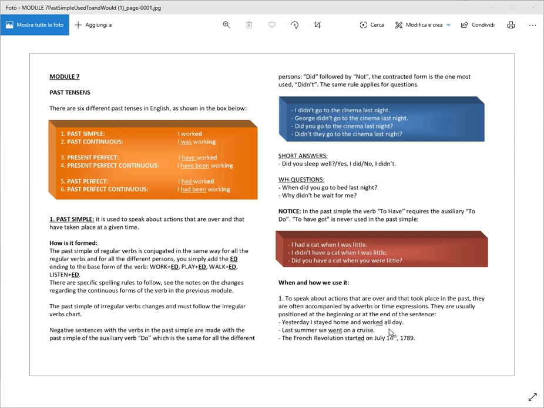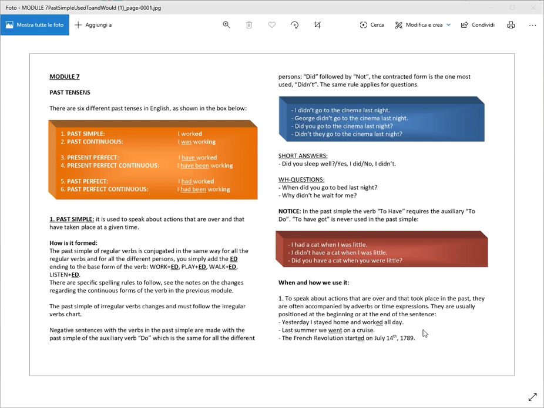As you can see, regular verbs will simply take the ed ending as it is in this case. Irregular verbs, such as go, take the past simple column of the irregular verb chart and therefore went.